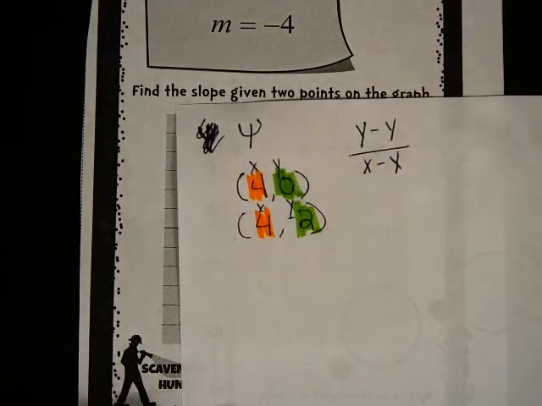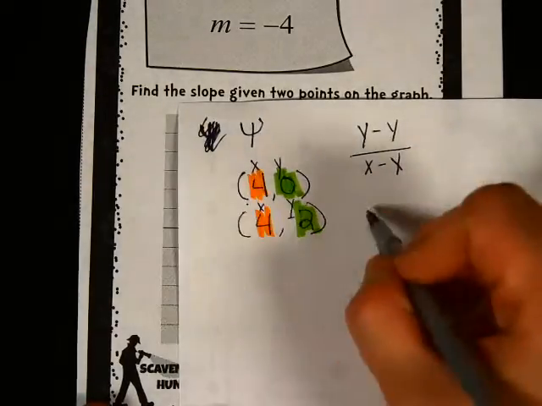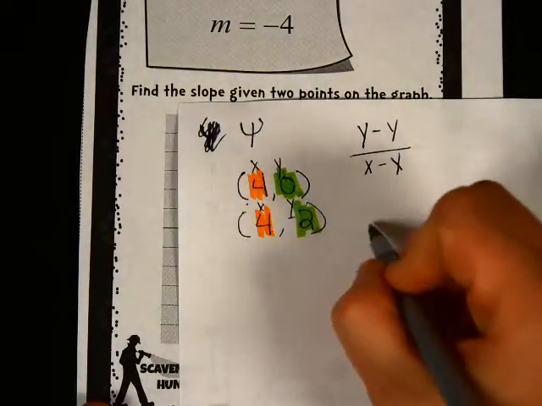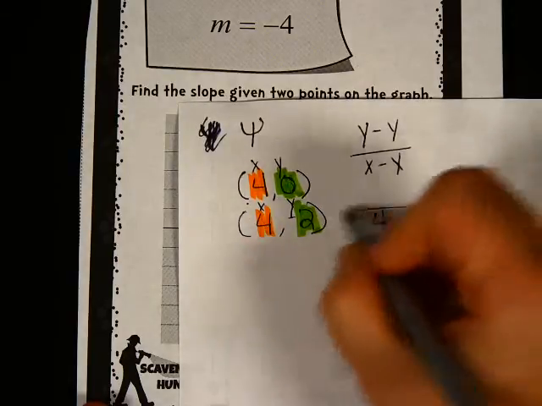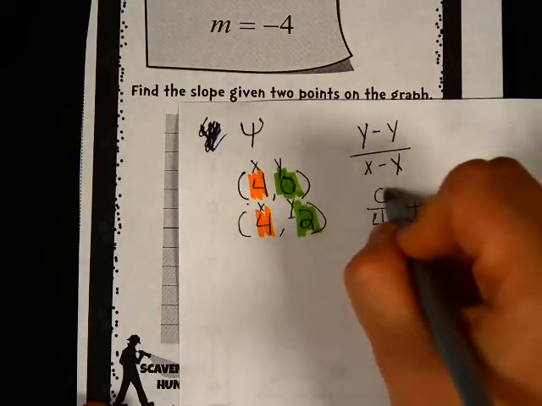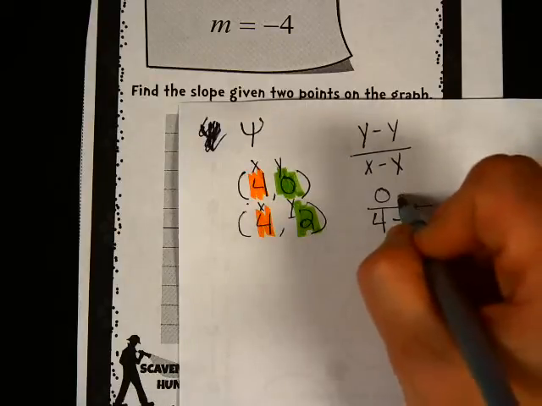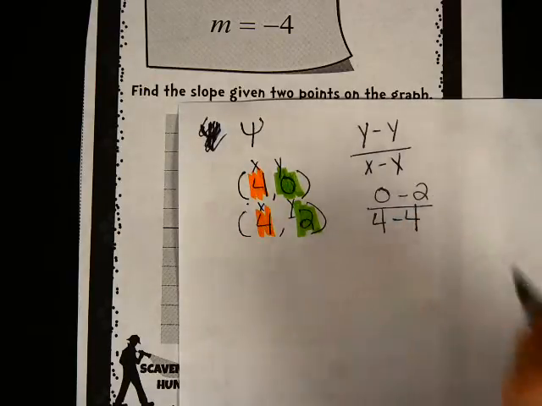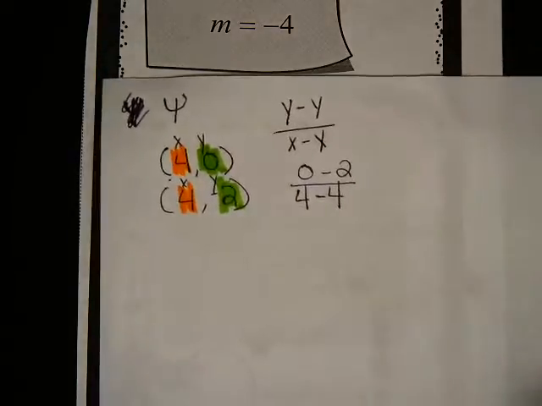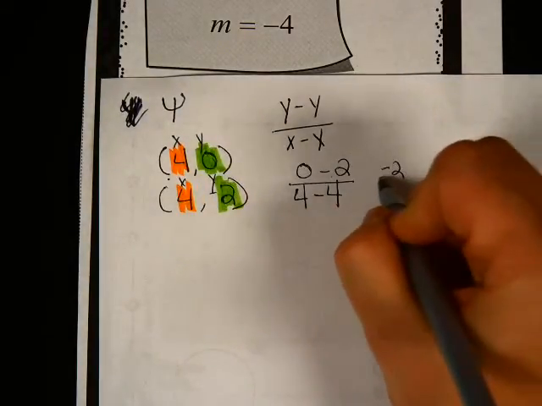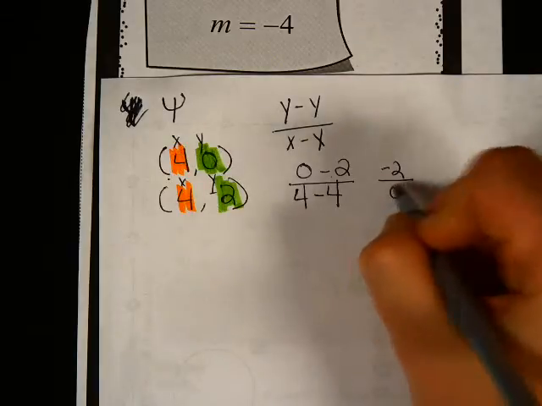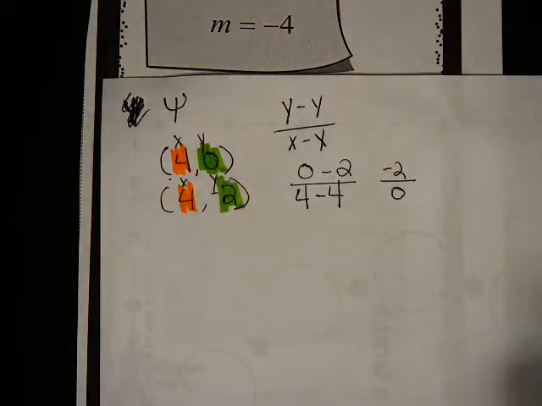Okay, so you're going to do x minus x, so 4 minus 4, and 0 minus 2. Okay, so when we subtract those, you get 0 minus 2, you get -2 over 0. Uh-oh.